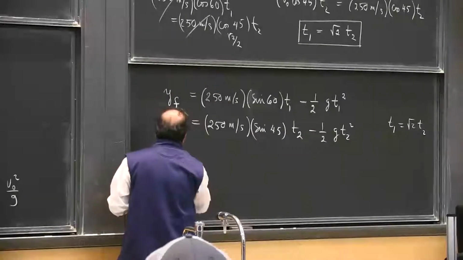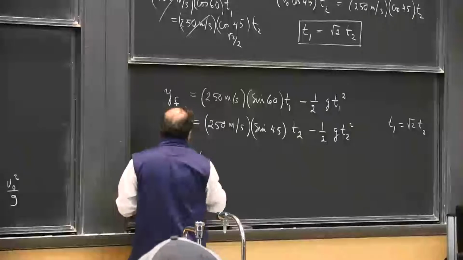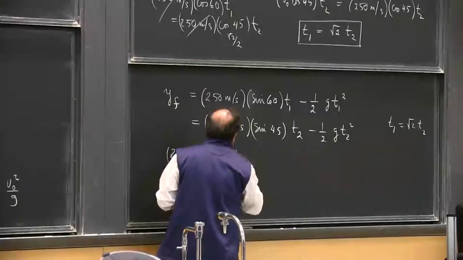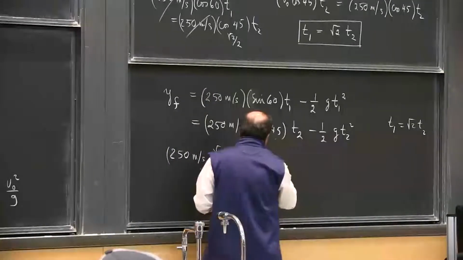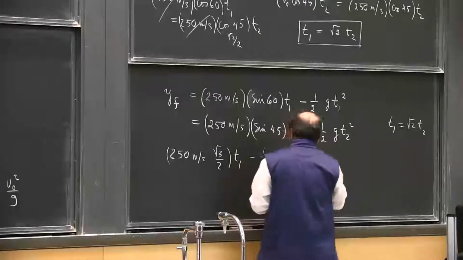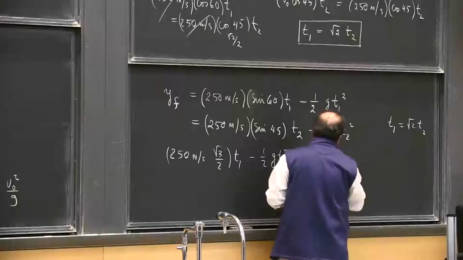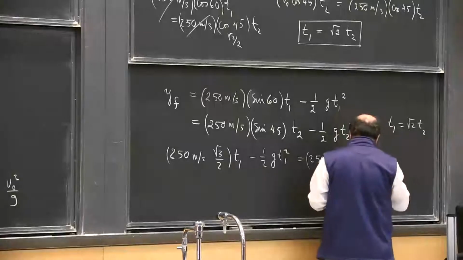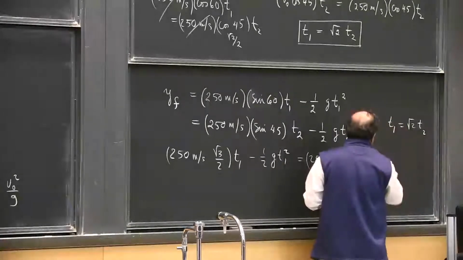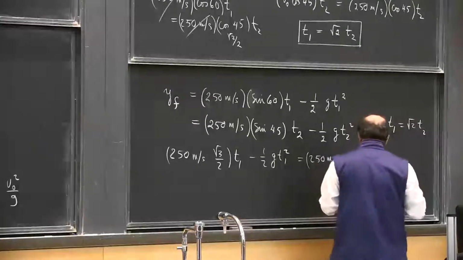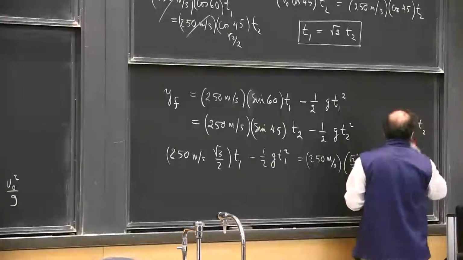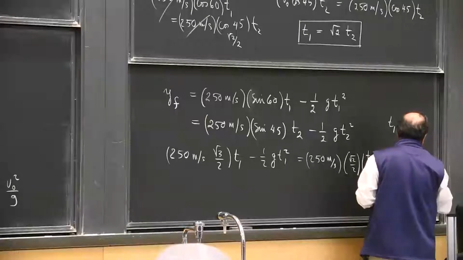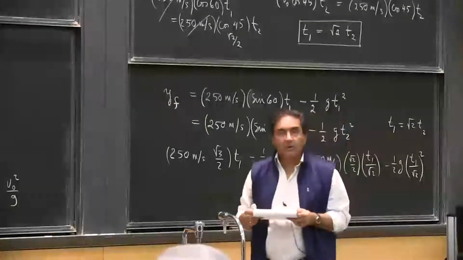I should be able to write 250 meters per second times root 3 over 2 times T1 minus 1/2 g T1 squared equals 250 meters per second, sine 45 I know is root 2 over 2, times T2, but T2 is T1 over root 2, minus 1/2 g T2 squared, which would be T1 over root 2 squared. So that will be basically 1/4 T1 squared.